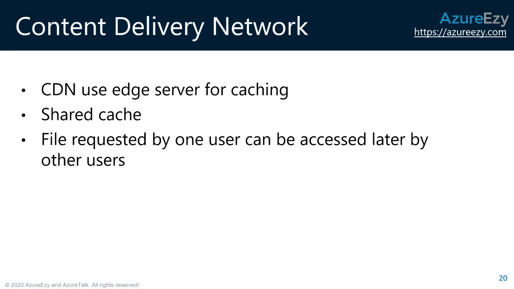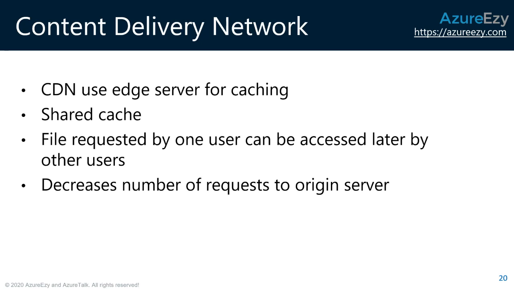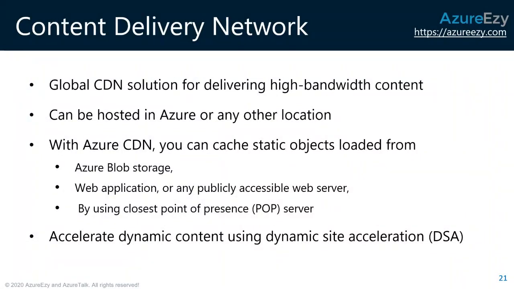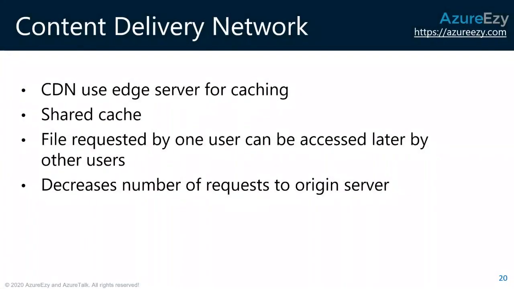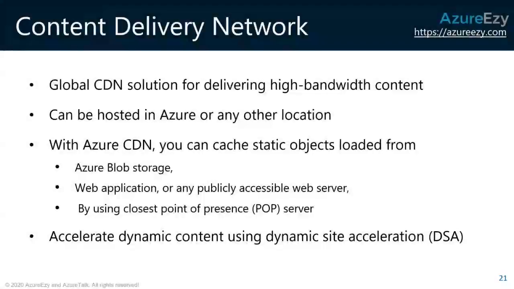Another thing that will happen in this case is that it will decrease the number of requests sent to the original server. So it will decrease the number of requests to the server. And then, moving ahead to discuss something more about this content delivery network, CDN is actually a global CDN solution.